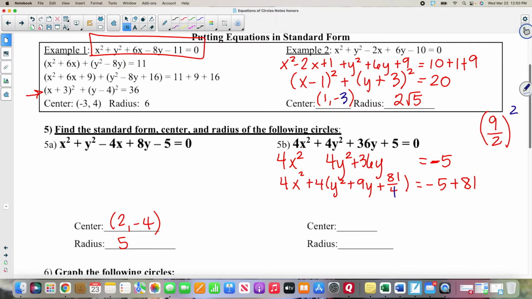Because when you took that GCF out and added that back in the parentheses, you added 81 over 4 times 4. So you actually added 81. Okay? All right, so this is going to be 4x squared plus 4. What's going in the parentheses there when I factor?